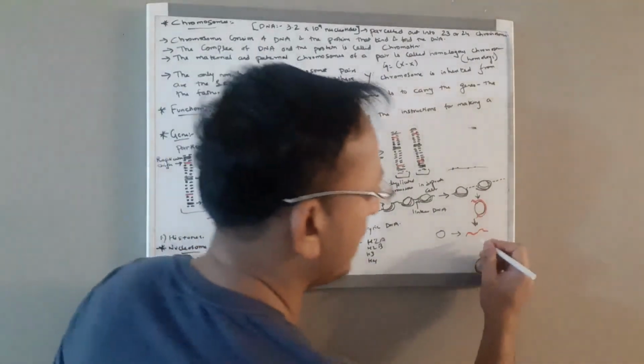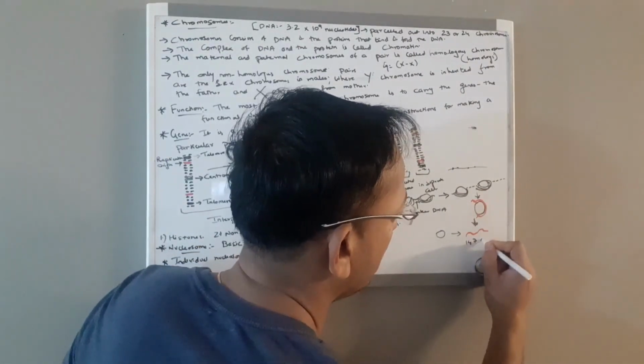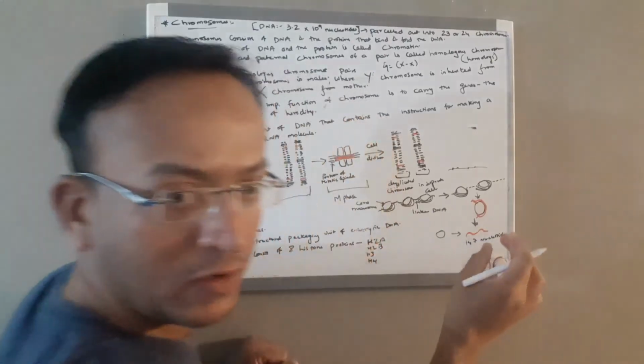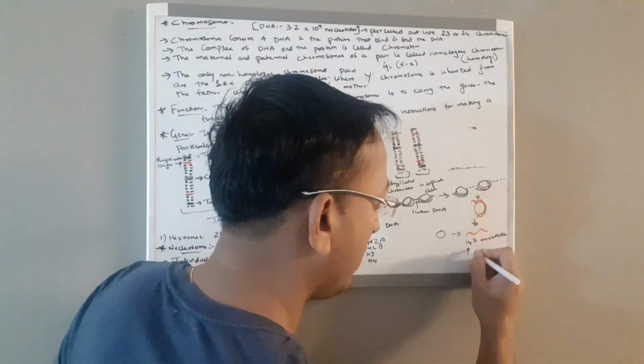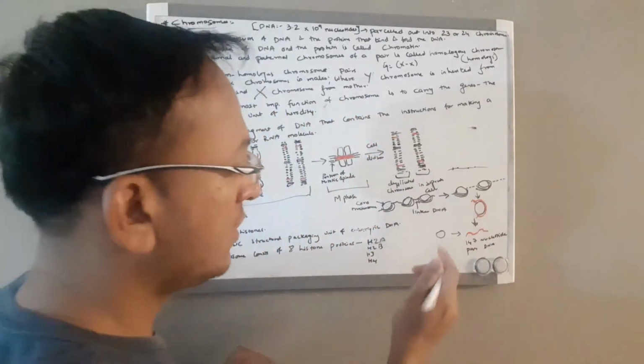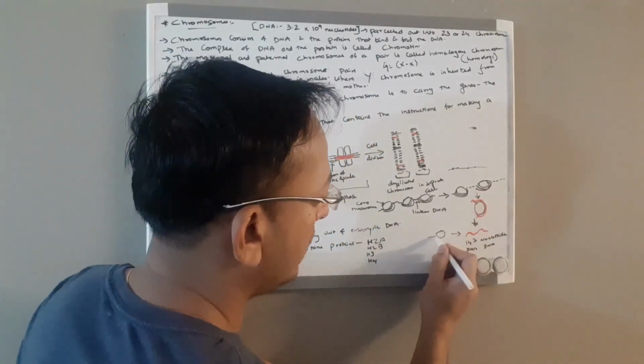So the length is 147 nucleotides per DNA, and this is our histone.